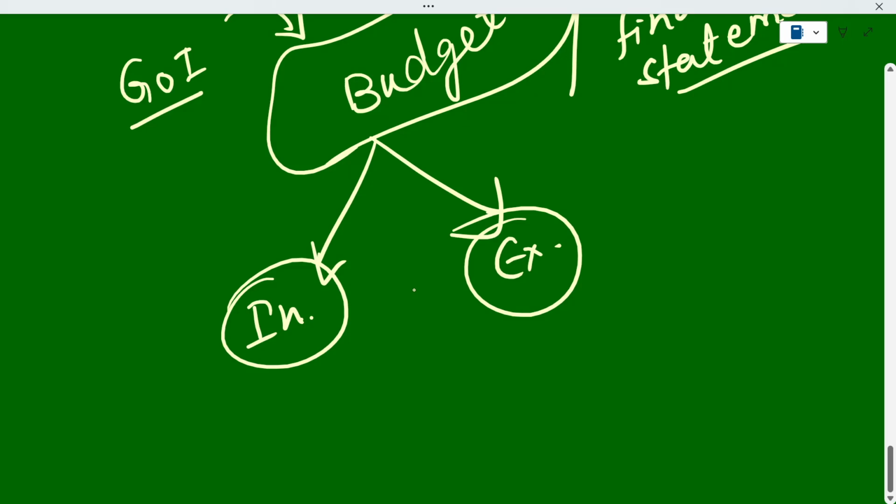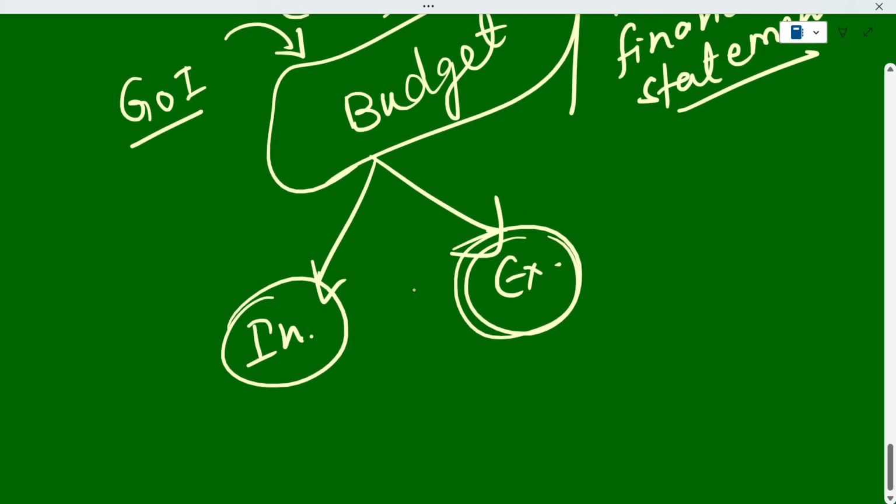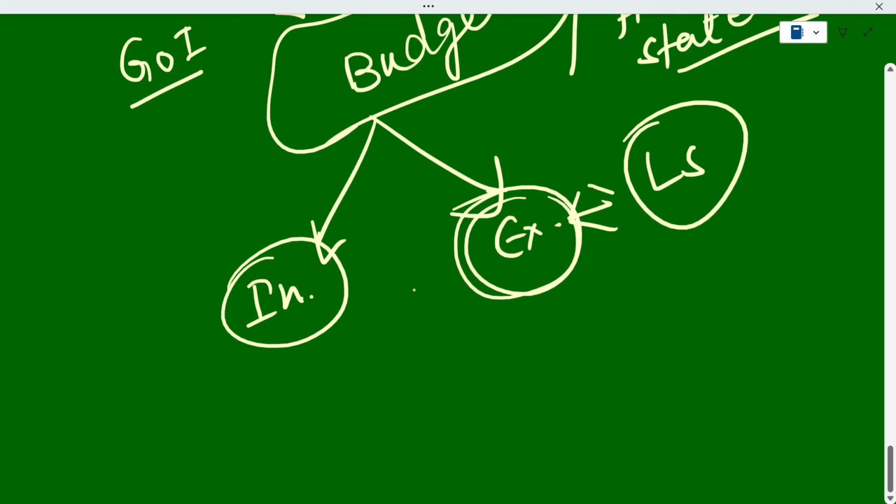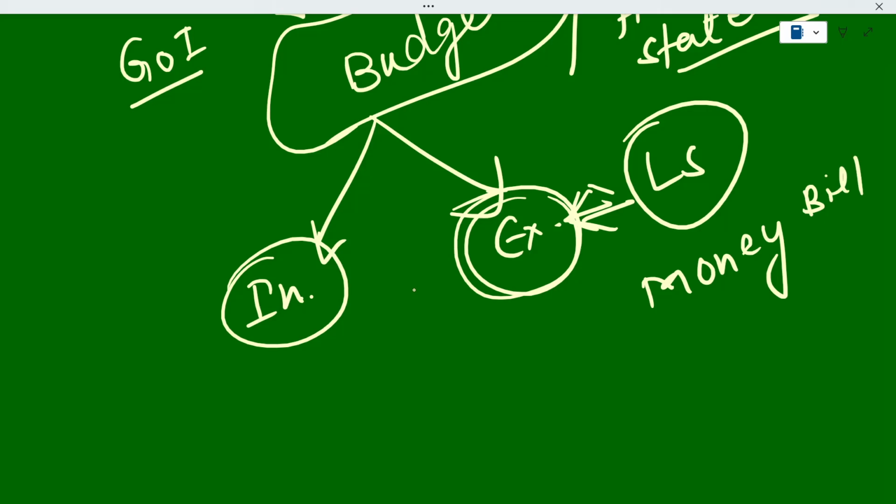Now, to make any expenditure, Lok Sabha, if you are able to recall, has all such financial power to make any changes, such as if you want money to be spent on resources, if you want to give grants to state governments, किसी भी तरह की जरूरत है पैसे की, those changes are accomplished via money bills.